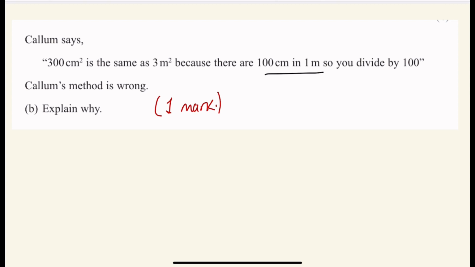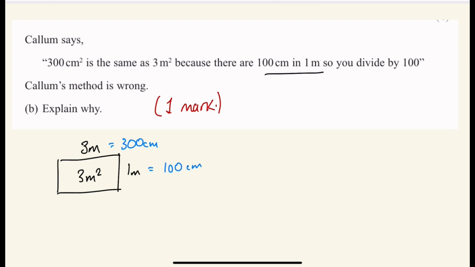Why? Because, for example, if you took a rectangle with sides 3 meters and 1 meter, the area is 3 meters squared. Now 3 meters is equal to 300 centimeters, and 1 meter is equal to 100 centimeters. If you did it in centimeters, the area would be 300 centimeters times 100 centimeters, which is equal to 30,000 centimeters squared.